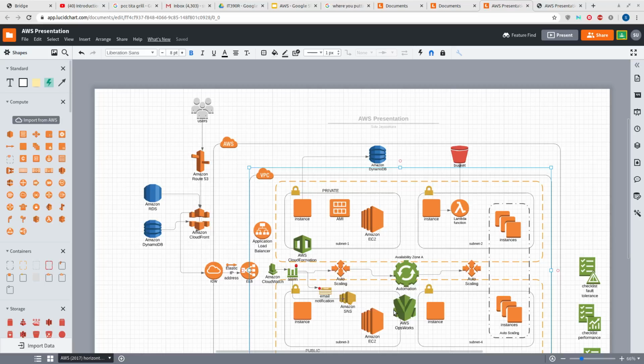And we have AWS OpsWorks, which makes it easily manageable to handle instances between apps.